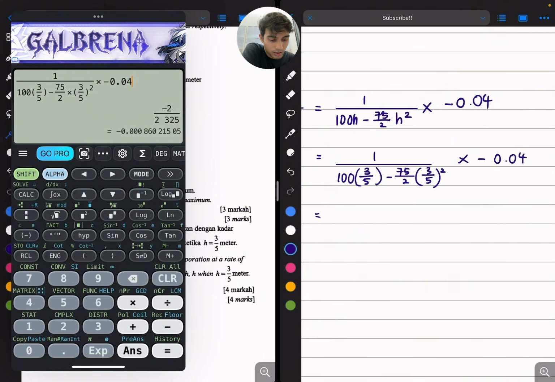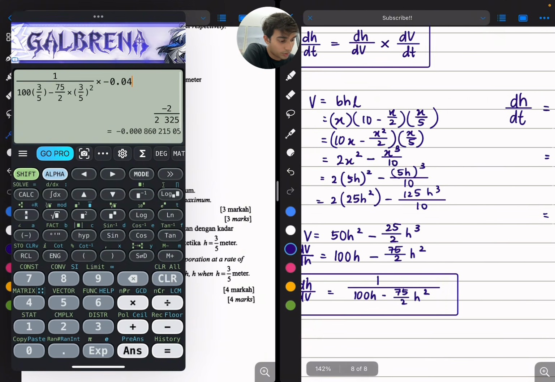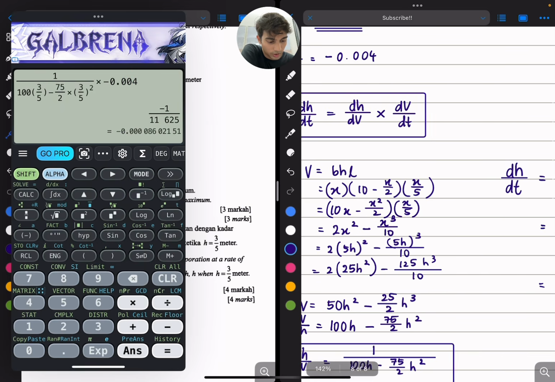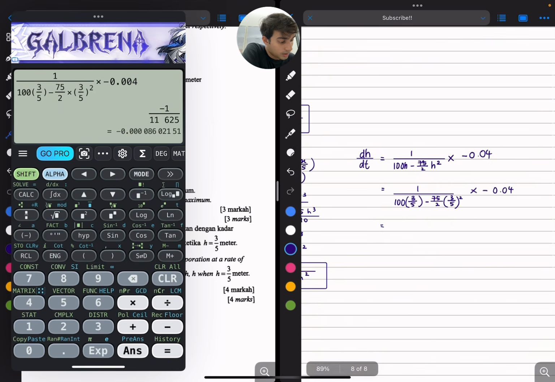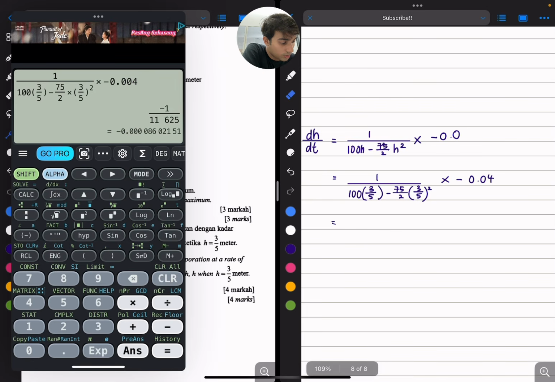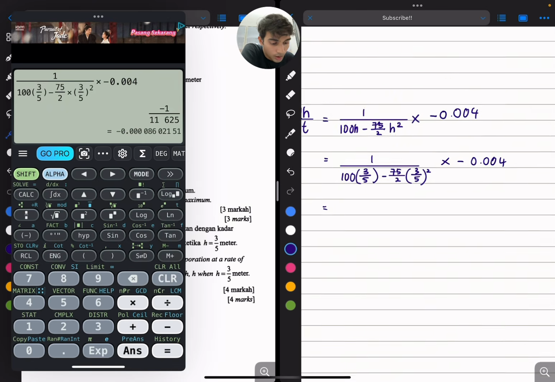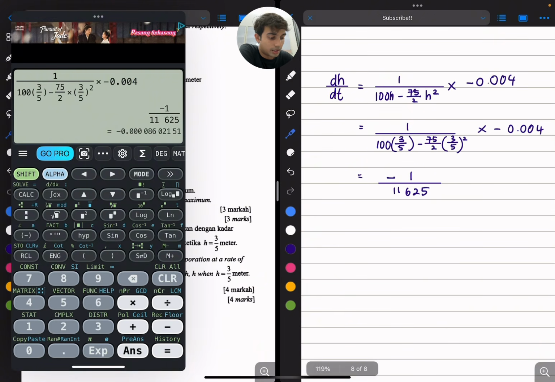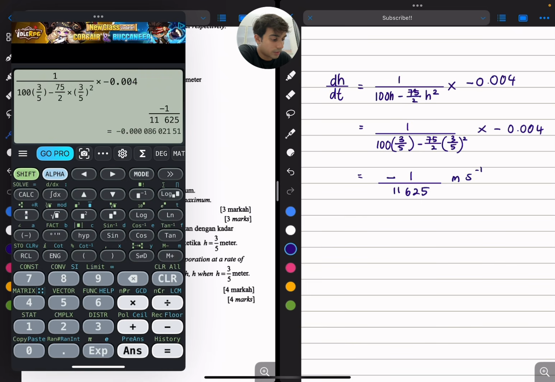And we get 0.04, 0.004. Okay. Here I made a typo. Our answer is negative 1 over 11,625. So since this is the rate of change of depth, it will be meters per second.